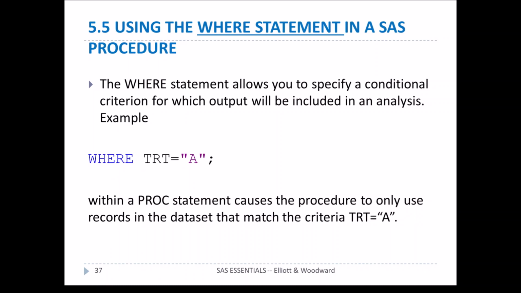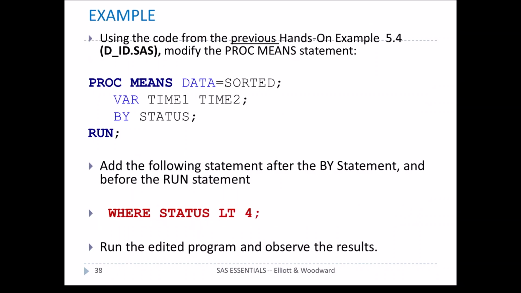So for instance, where TRT equal A says only use the data where the treatment variable is equal to A. Another example might be where gender equal M or something like that. That would produce an analysis only for males, which again is a way to do some sort of a subset analysis easily.